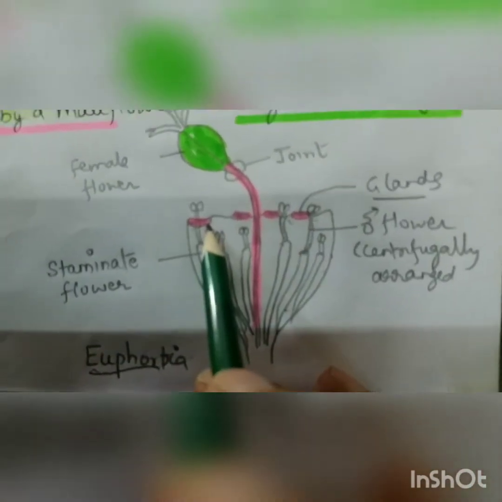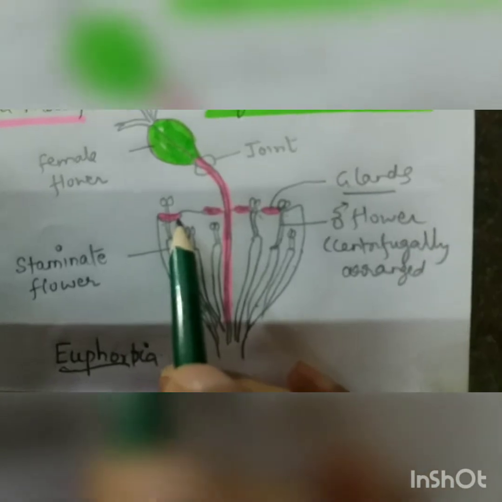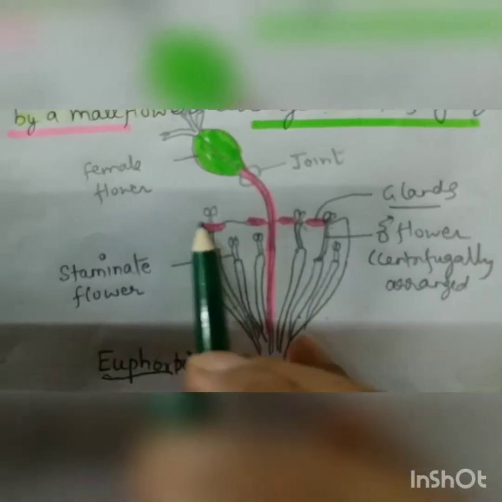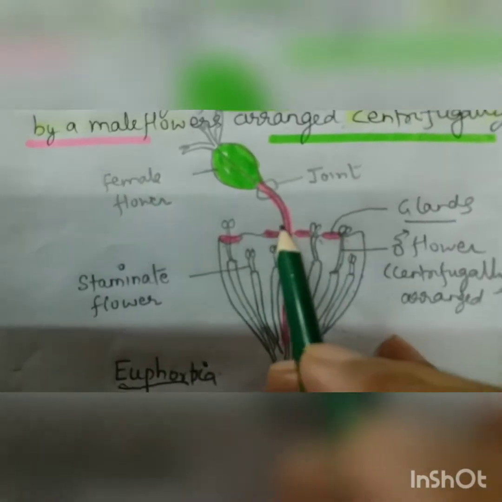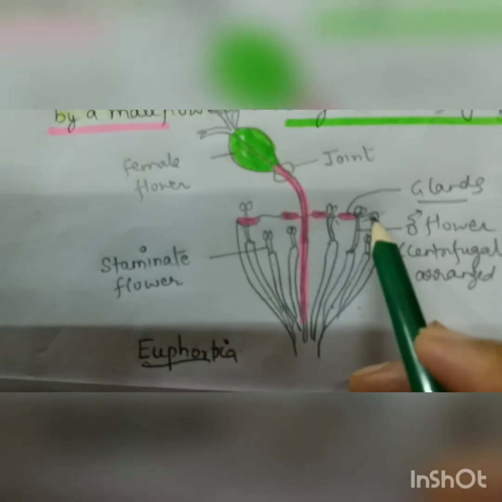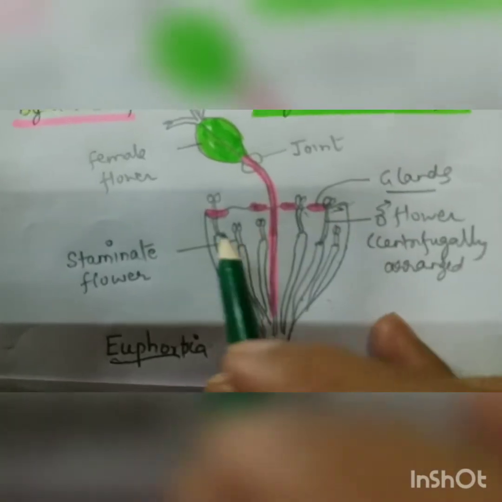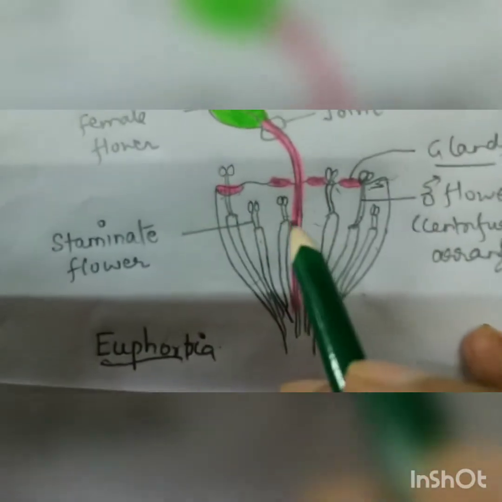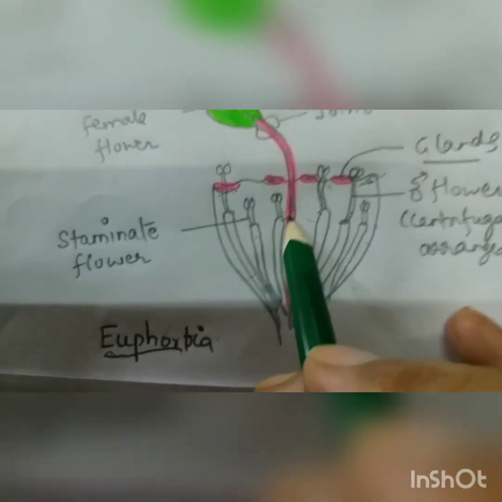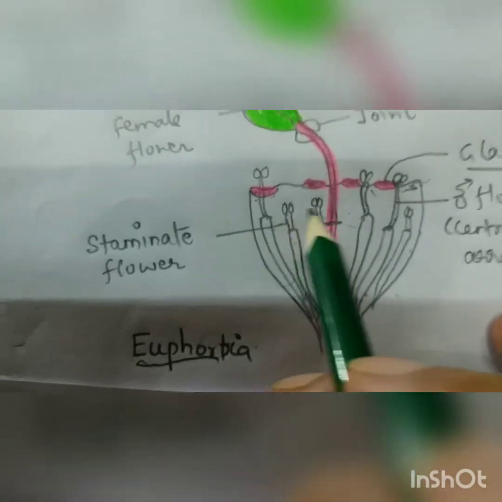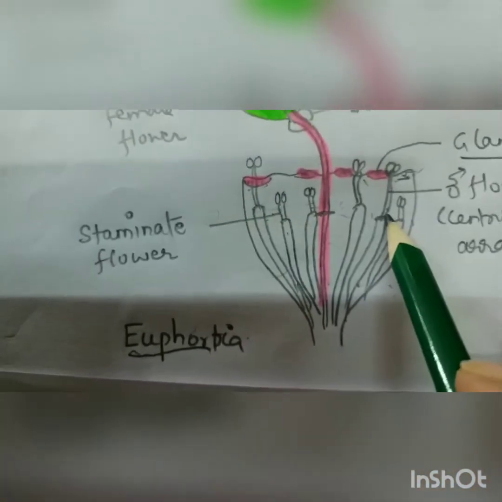Here is basically a campanulate involucre bearing these five crescent-shaped glands, enclosing a single jointed female flower, with this single jointed female flower surrounded by the centrifugal male flowers.